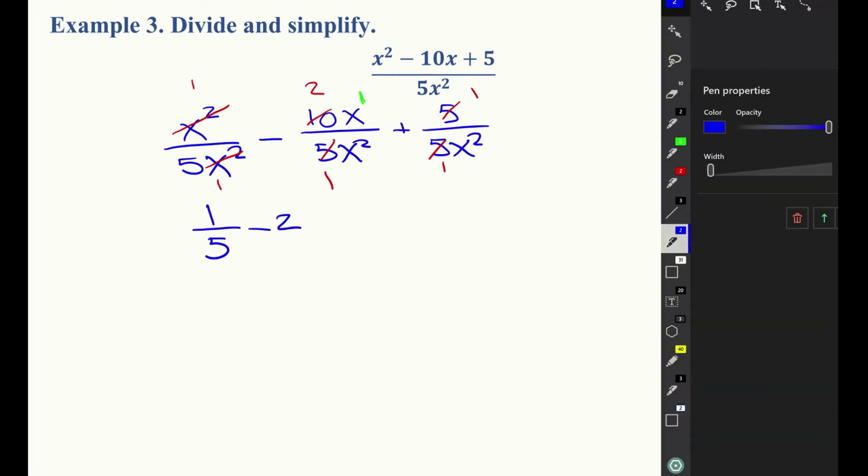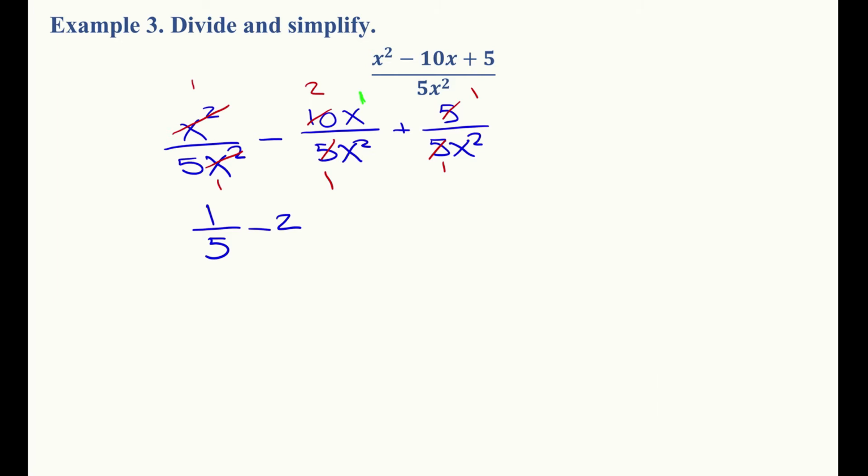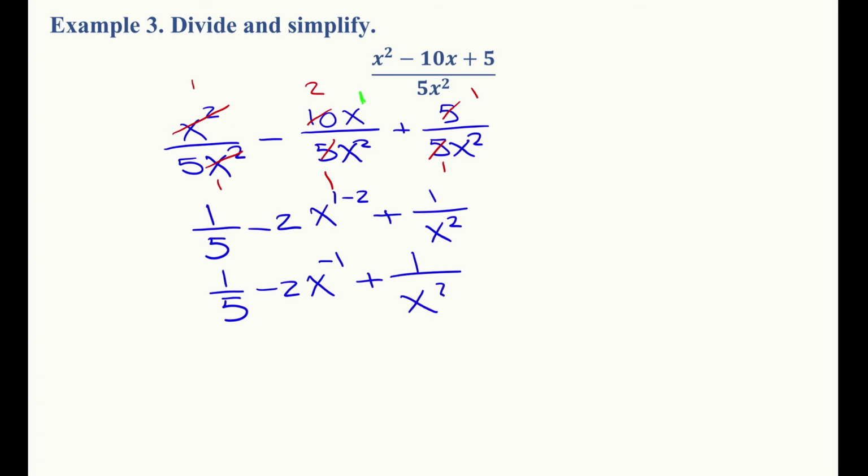So we get x to the power of 1 minus 2, plus, there's no power of x on the top. We don't really need to use the quotient rule here, so we just get 1 over x squared. So that's 1/5 minus 2x to the -1 plus 1 over x squared.